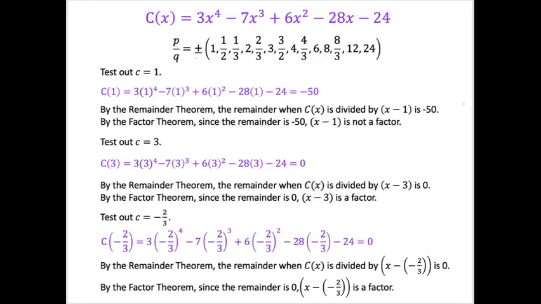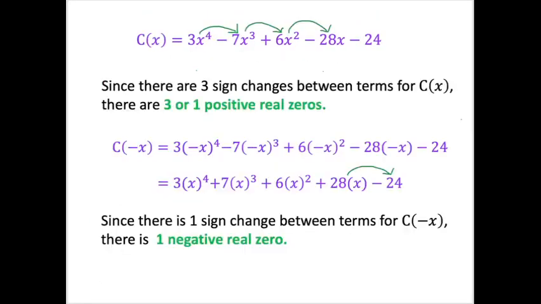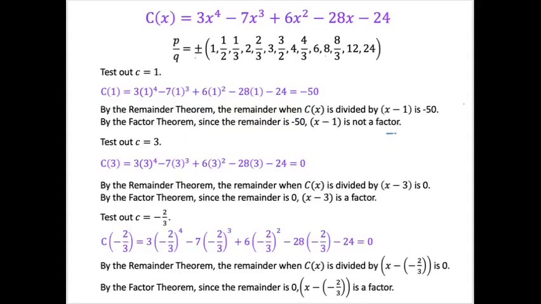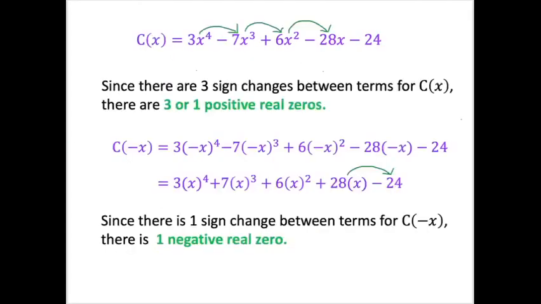So here, if we think back on Descartes' rule of signs, we saw that there were either 3 or 1 positive real zeros. Well, just now we found one positive real zero, which is c equals 3. So there could be 2 more.